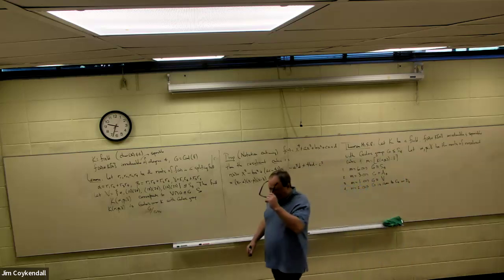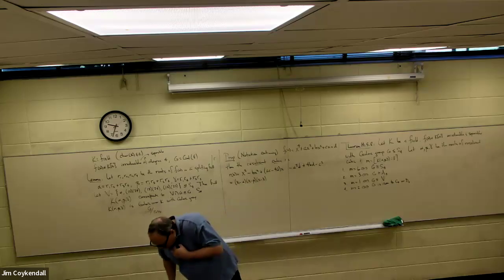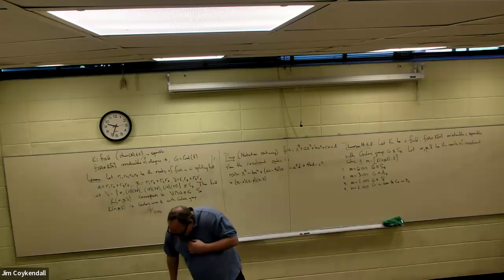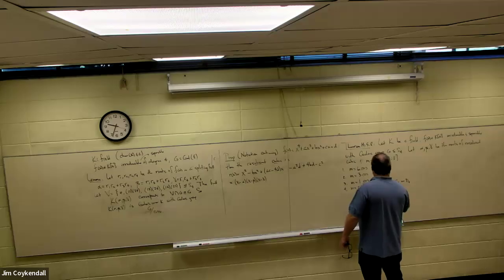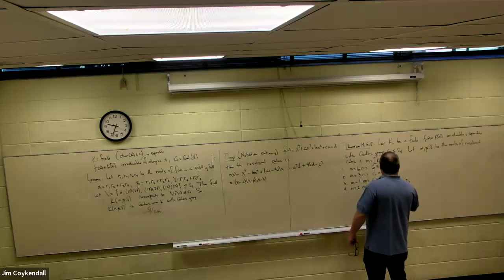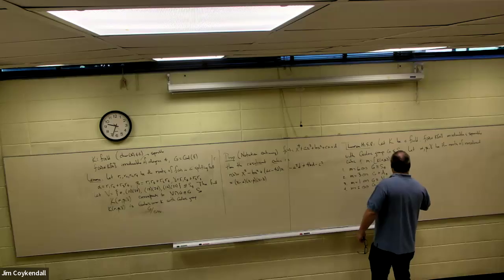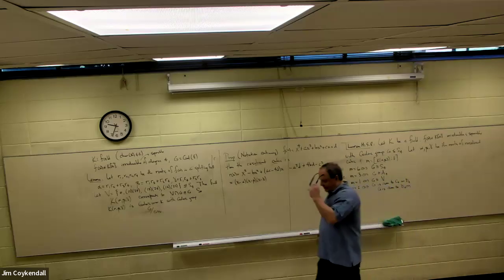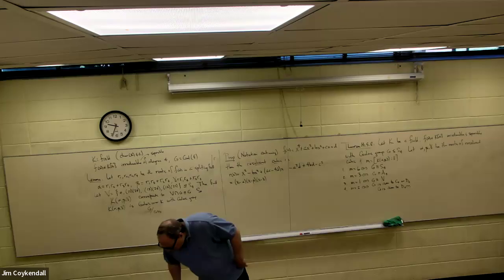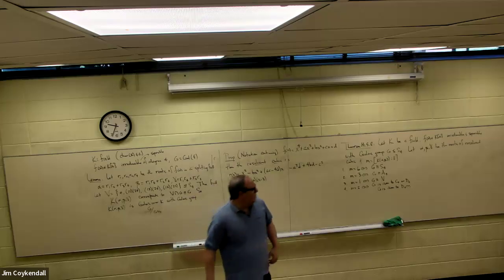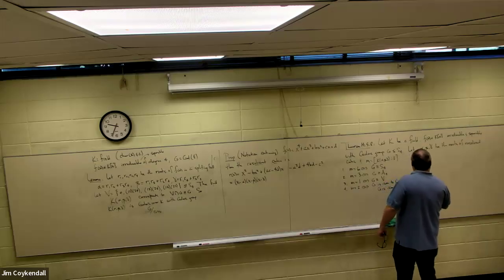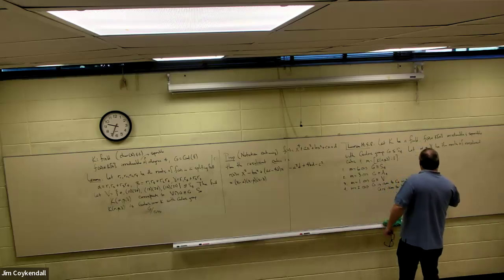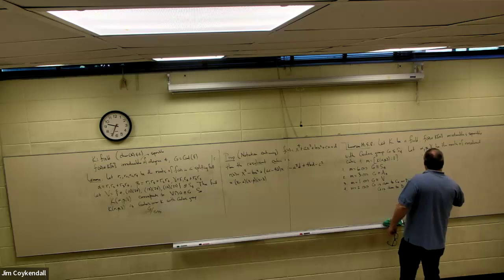And how do you tell which is which? Well, G is isomorphic to D4 if and only if F is irreducible over K(alpha, beta).